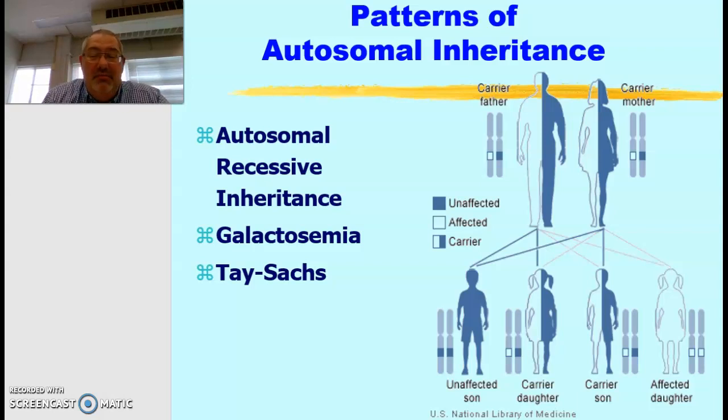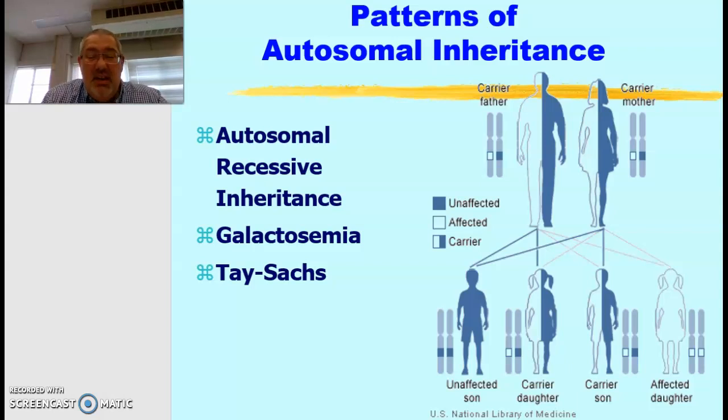This particular slide mentions autosomal recessive inheritance. For a recessive allele to be inherited, both parents have to be carriers or heterozygotes. If both parents are carriers, the likelihood would be 25% that one of their offspring would possess that particular disorder or condition.